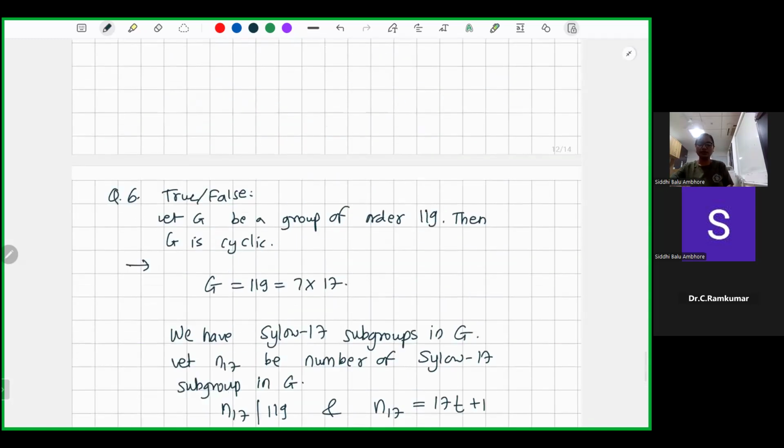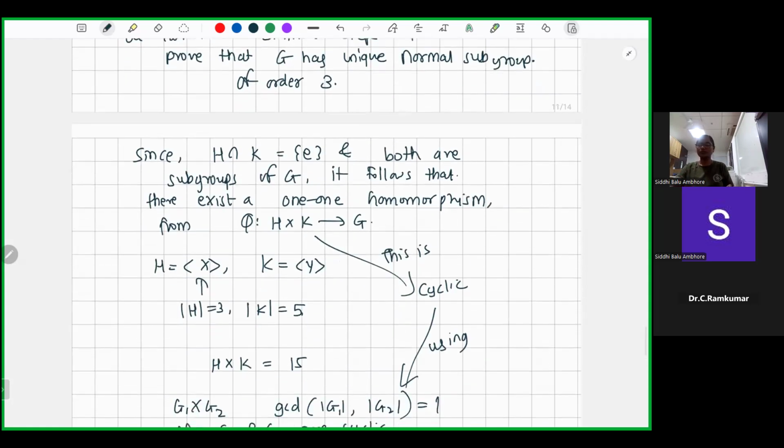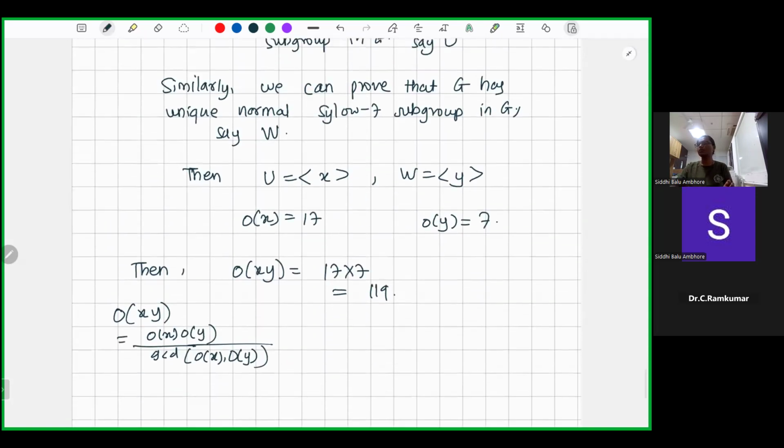So we do not actually need to invoke all this homomorphism and other things. We can just prove that we have subgroups of prime order.